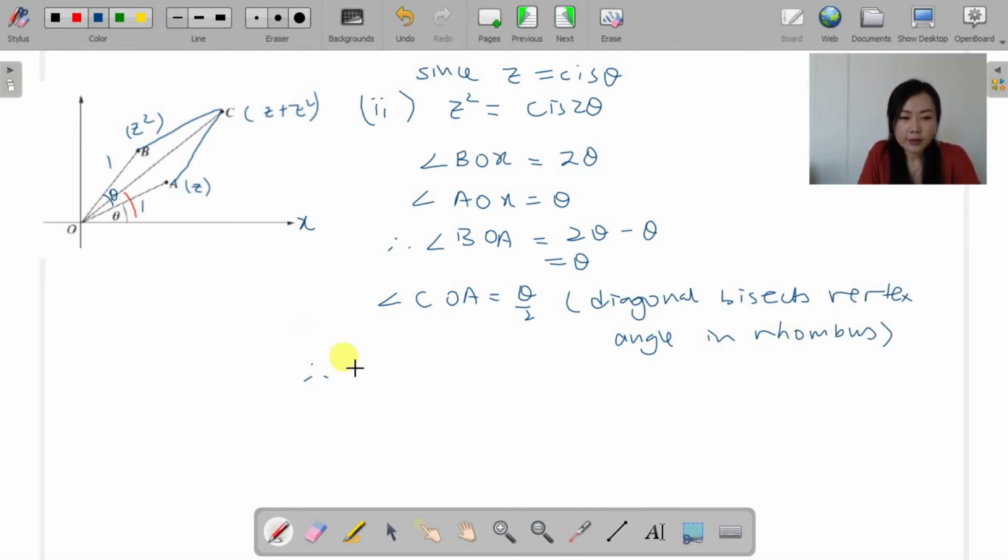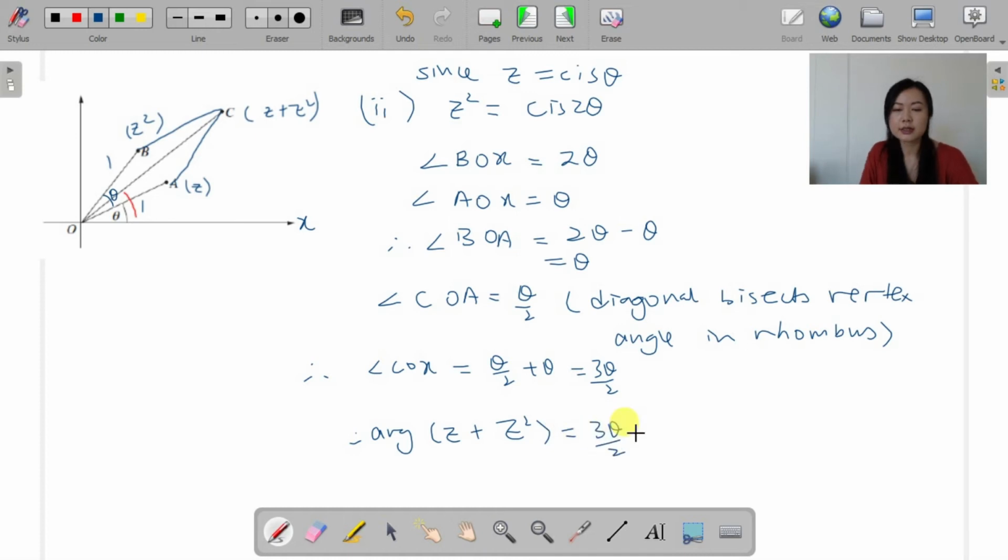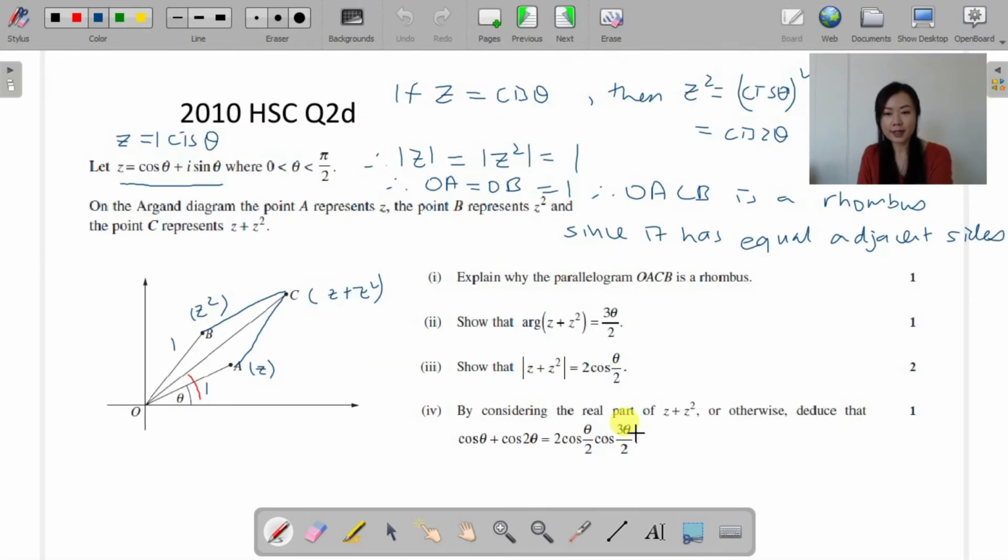So therefore, angle COX is theta on 2 plus theta, which is 3 theta on 2. So that means the argument of Z plus Z squared is equal to 3 theta on 2. Done. I probably wrote more than I need to, but that's just to show you the thinking.